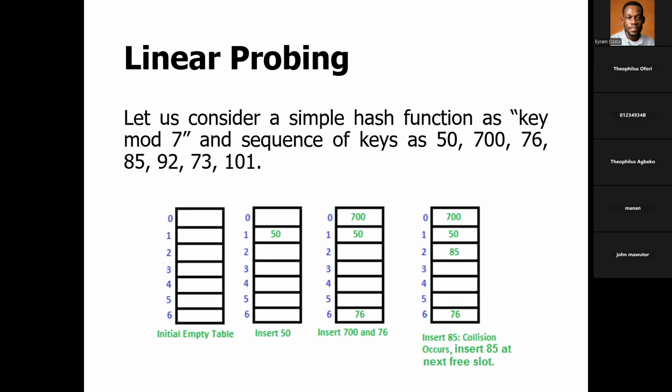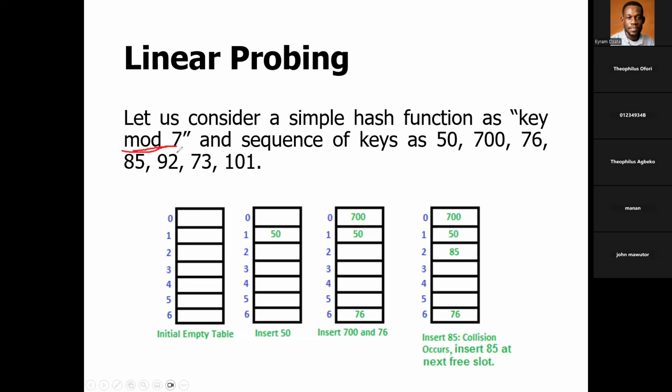All right. So this is the linear probing explained here. The key values are 50, 700, 76, 85, 92, 30, 73, and then 101. And our hash function is key mod 7.